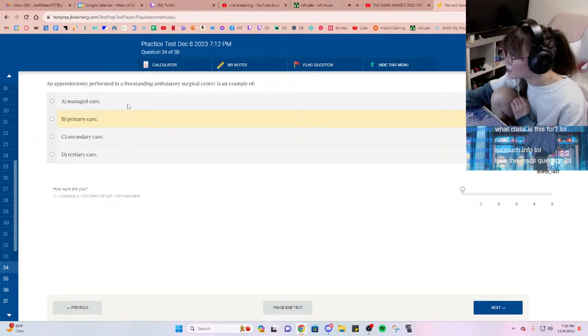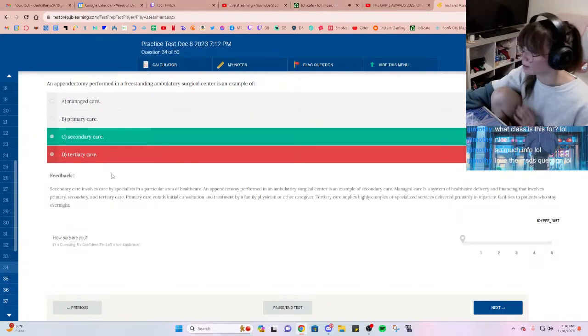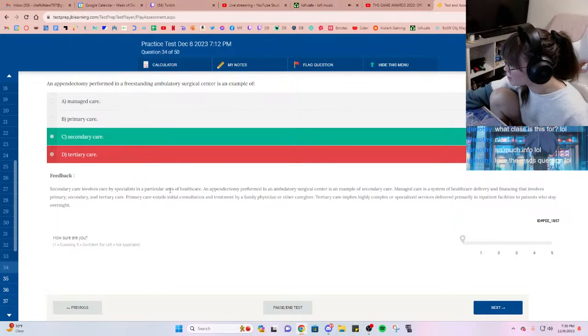An appendectomy is performed in a freestanding ambulatory surgical center and is an example of, I think, tertiary care. Secondary care. Okay. Secondary care involves care by specialists in a particular area of healthcare. An appendectomy performed in an ambulatory surgical center is an example of secondary care.